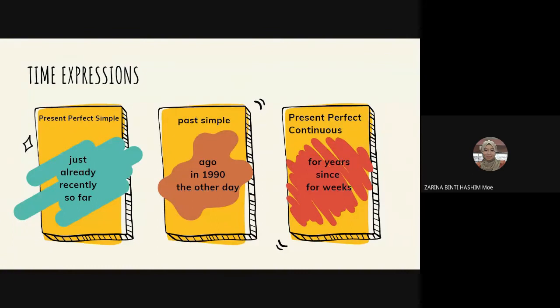I want to know the reason why you give that answer, so that everyone can have the ideas. Give, for example, if you have the time expression, then you can mention what the time expression is.